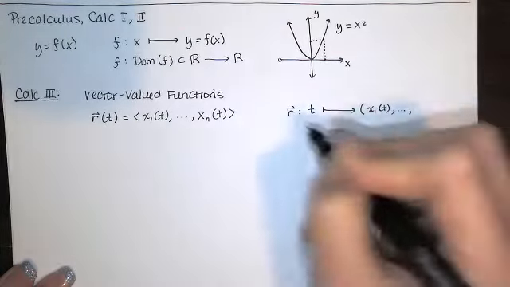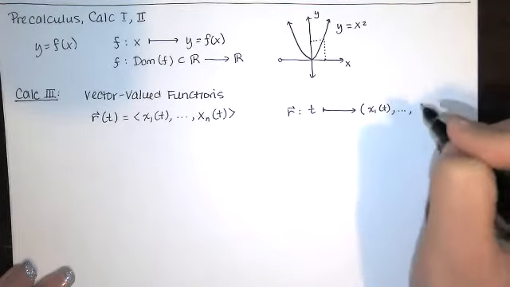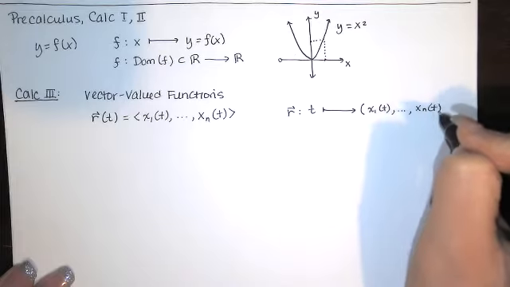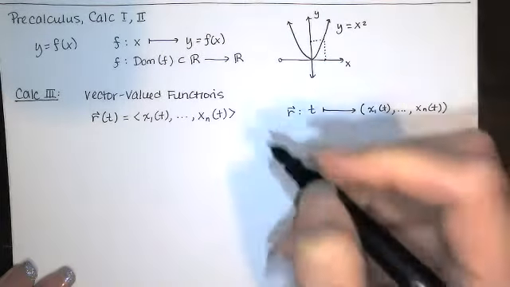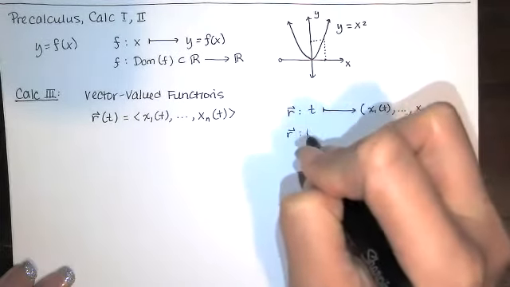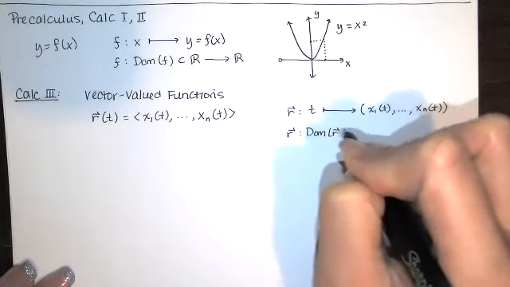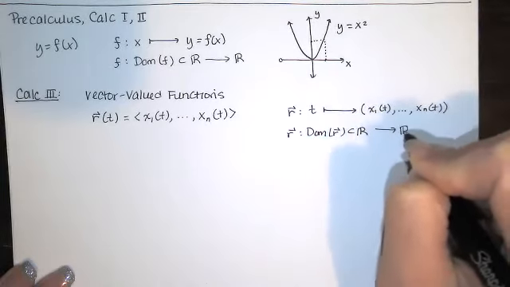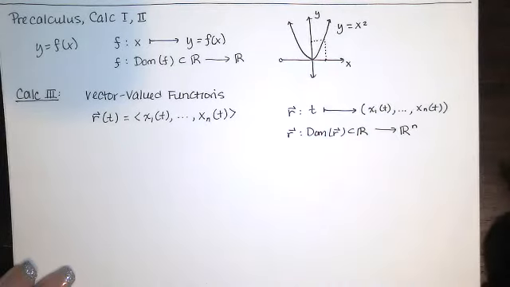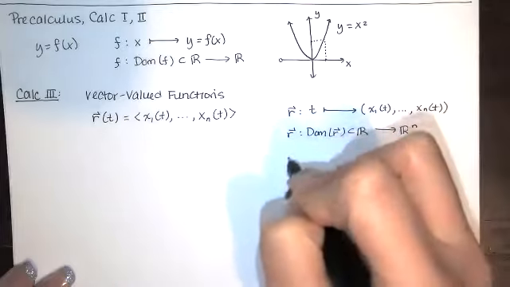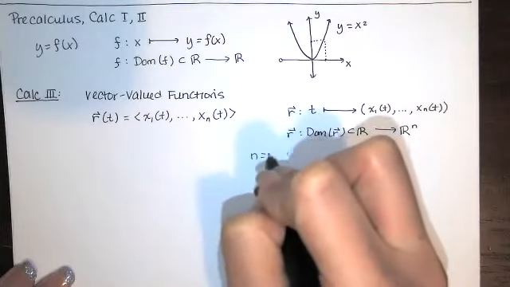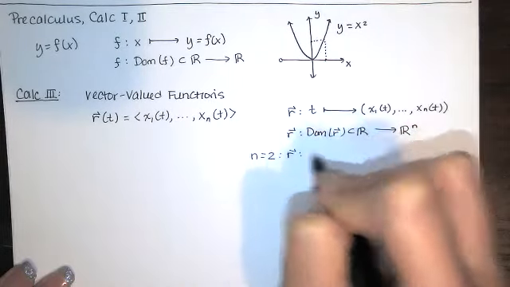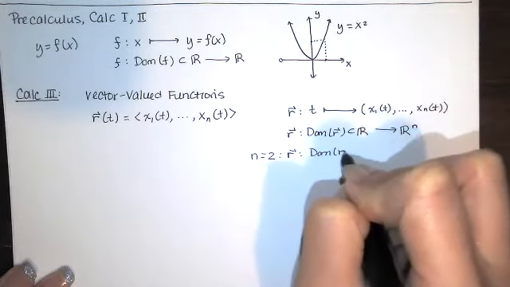And we said this r function takes a real number t, and it maps it to this n-tuple in n-dimensional space. Or in general, r would take a number from its domain, which was a subset of the reals, and map it to n dimensions. So if n equals 2, I might take a real number and map it to a point in 2D.